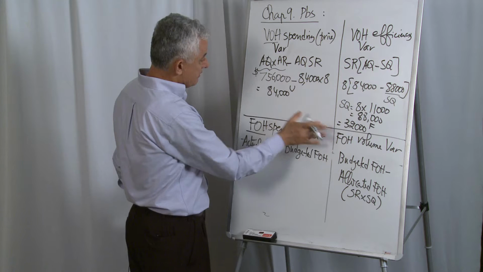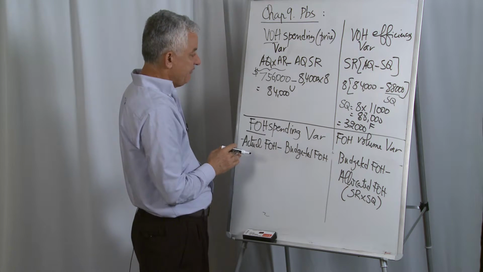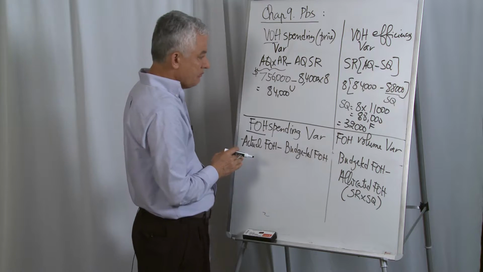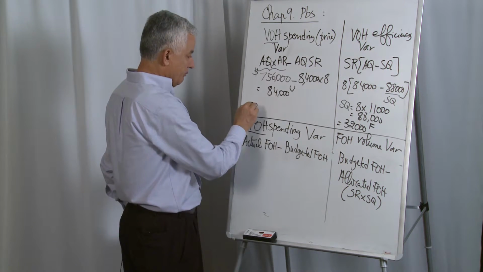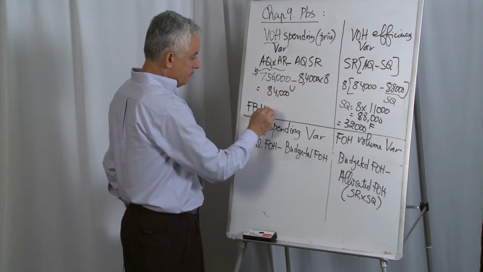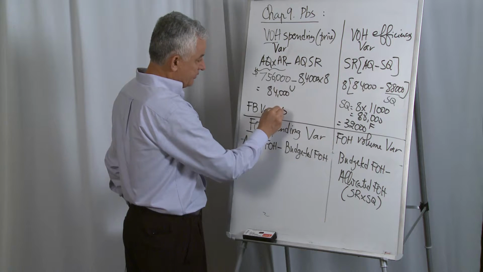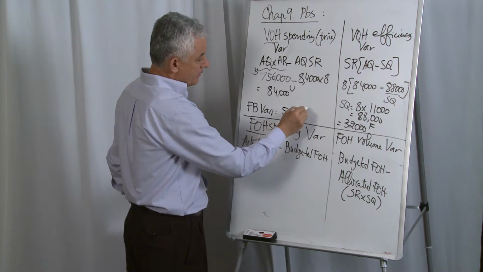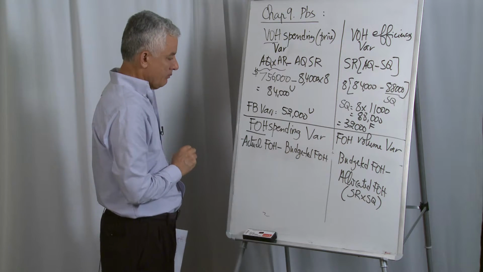Again, we net them out and we get the difference here, 84 minus 32, you get 52,000 unfavorable. So you can write it down here, flexible budget variance is going to be 52,000 unfavorable. Or you can add variable overhead, flexible budget variance.